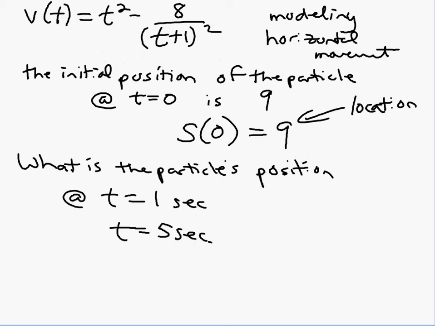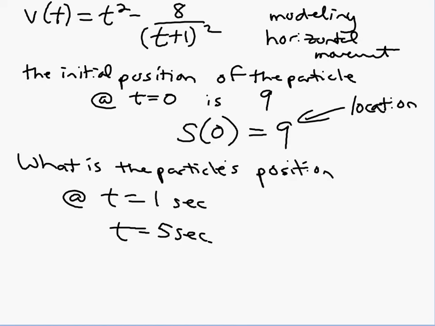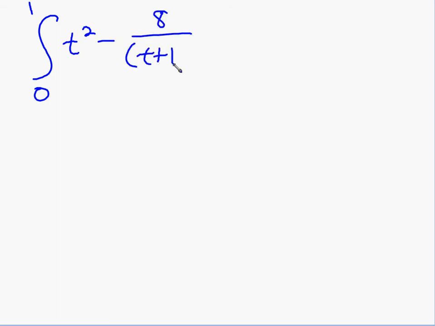So I think it makes sense that we're going to have to do an integral. So if I want to find out the answer to this first question, I need to do the integral from 0 to 1 of t squared minus 8 over t plus 1 quantity squared dt.